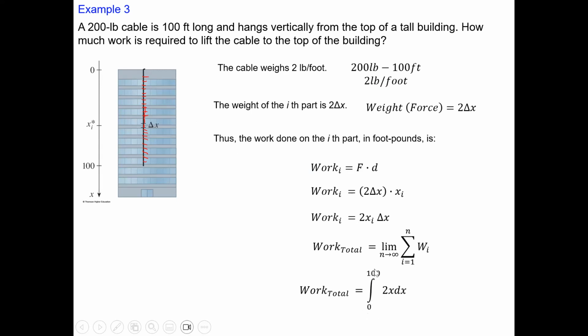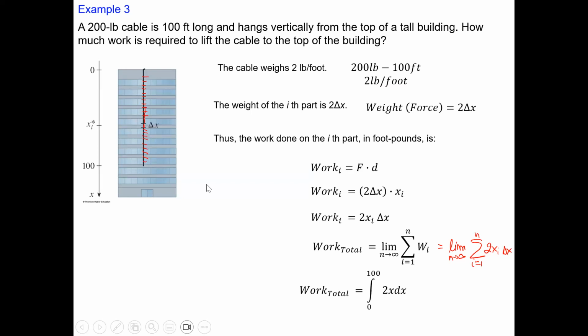Integral means that we add the work on every single subinterval. We can have it this way, or also as the limit of the Riemann sum. 2x sub i delta x, because delta x will become dx, is changing from 0 to 100.